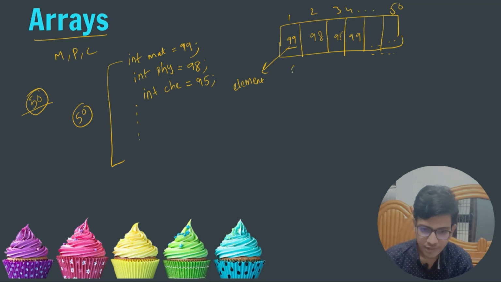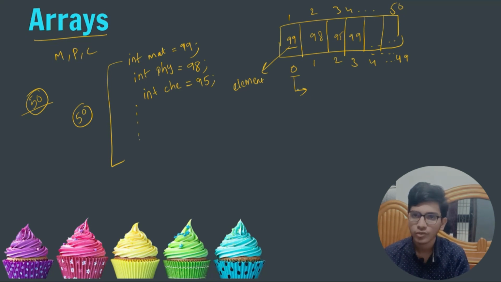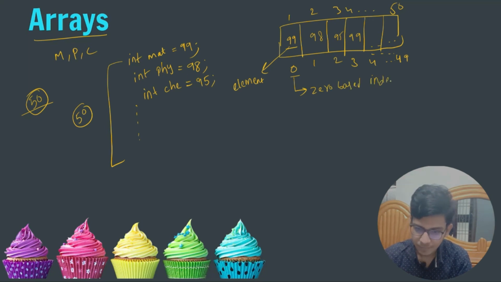So 0 1 2 3 4 up to 49. So this is known as indices. And in Java or C++, most programming languages, we always start our indexes with 0. This is known as zero based indexing, right? So this is the concept of arrays.